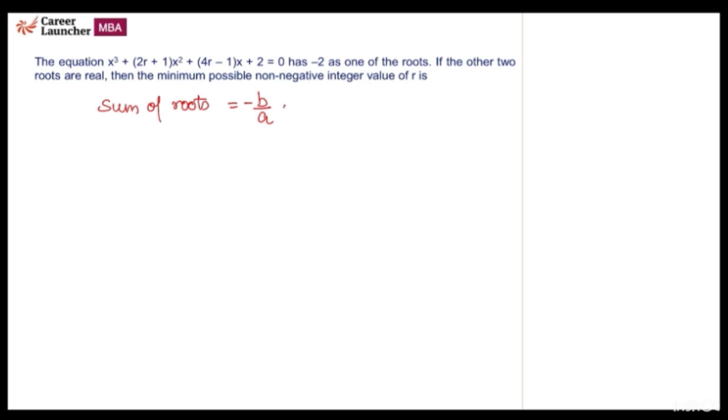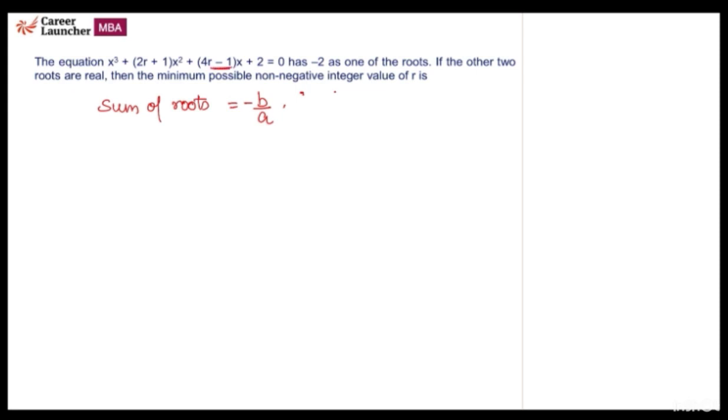If we solve it, we will have r as a variable. Sum of the product of roots two at a time will be c by a, which is again r.